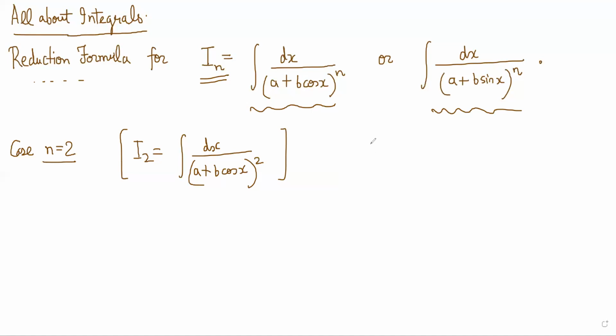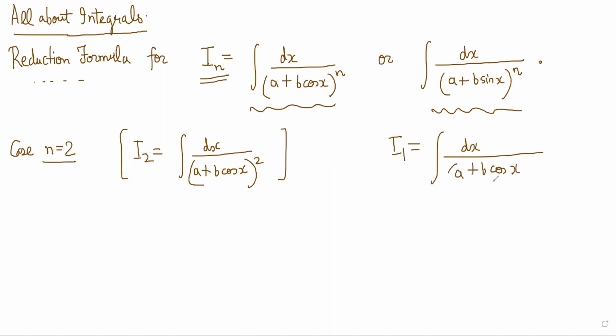The trick here is to put a variable p equal to, I will put the derivative of cos, which is minus sine, but don't care about the minus here, sin x by (a plus b cos x). So p is equal to this. Actually, before we solve this, we should look at I_1. And I_1 is the integral of dx by (a plus b cos x).